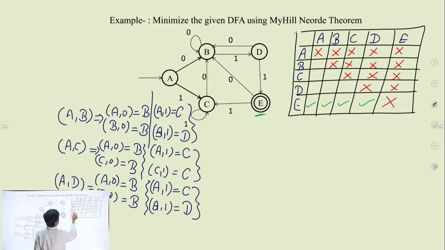Next is BC, which is unmarked. So make the pair BC.